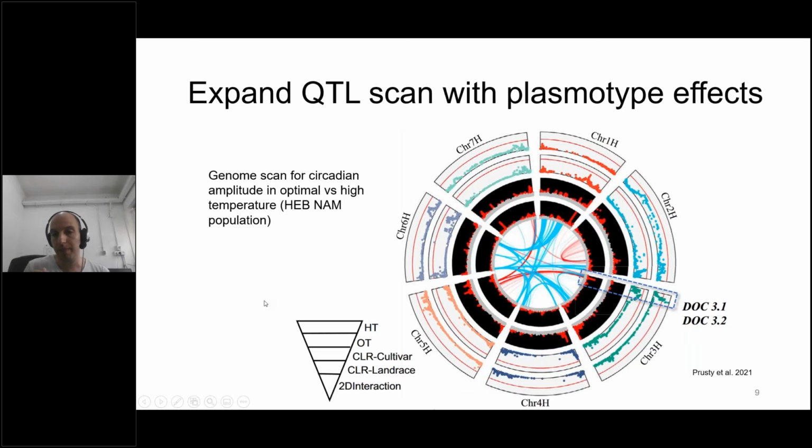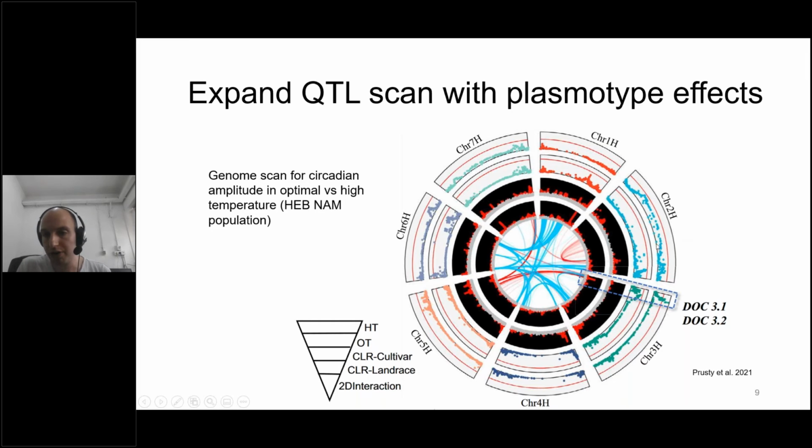Now if we go back to the nucleotype a little bit, what we can see here is a GWAS which was performed on a circadian clock parameter, the amplitude, under high temperature and under optimal temperature. This was done with the HEP population, which was developed in Germany and published about a year ago.